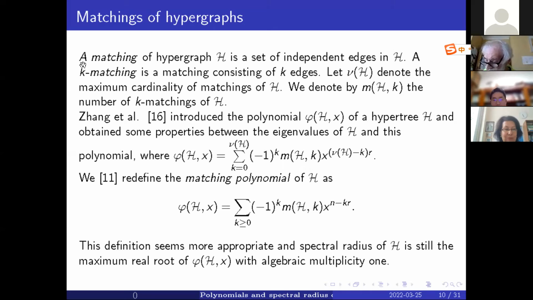A matching of hypergraph H is a set of independent edges in hypergraph H. A k-matching is a matching consisting of k edges.